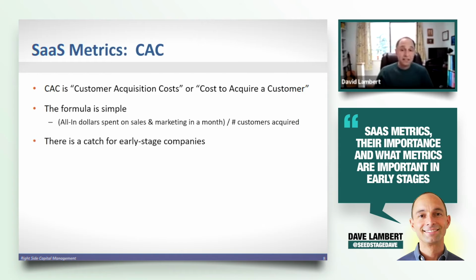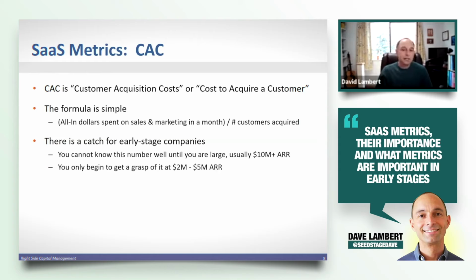Now, the catch is that when you're a pretty young startup, you can't even know this number at all. You don't ever get a really good grasp on CAC until you get to $10 million plus in ARR. You start to have a decent grasp of it when you get to that $2 to $5 million range.